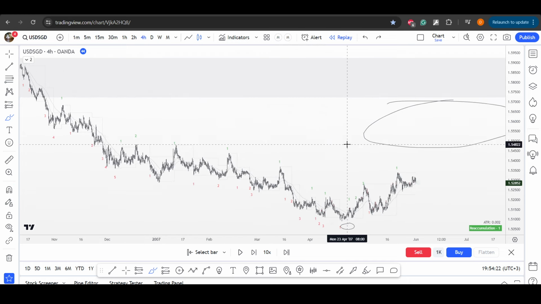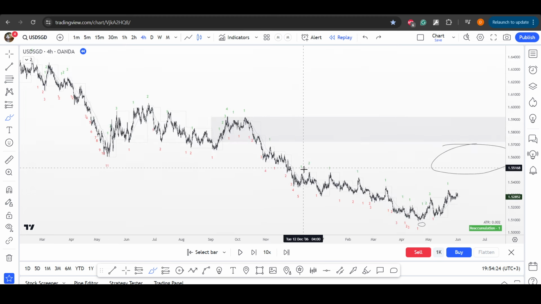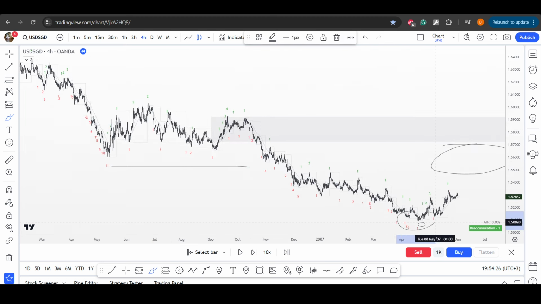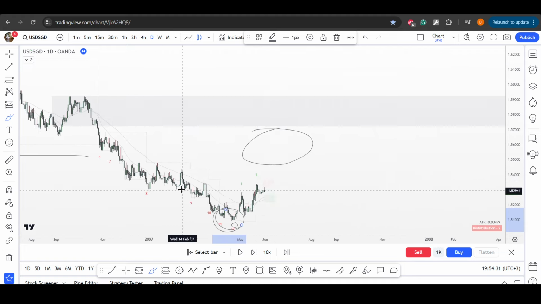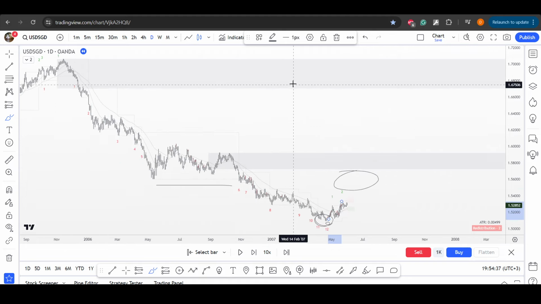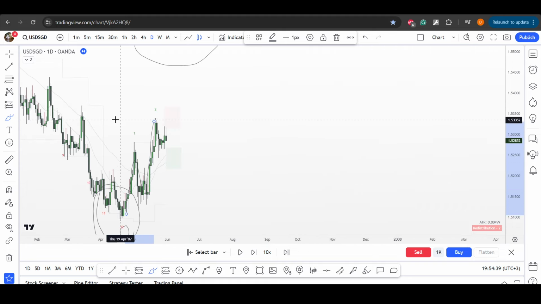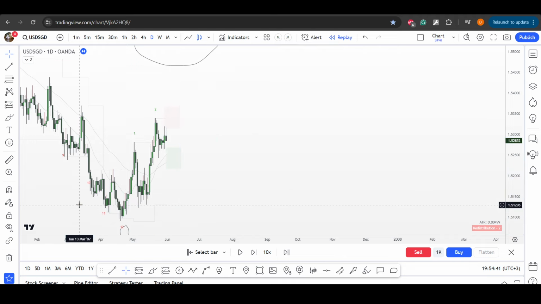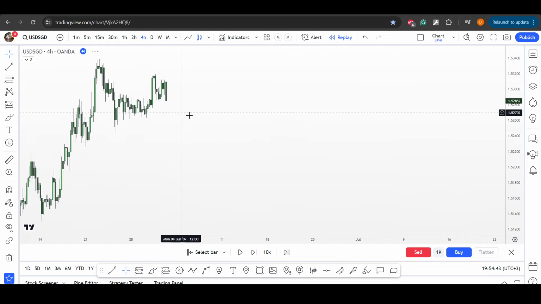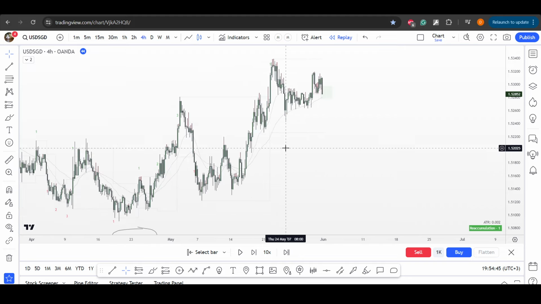Because we broke on the weekly and extended on the weekly, we are quite deep on the daily, and we are bullish on daily. At the same time, we have bearish context from high time frames, so I will just follow the lower time frames and then decide on how it will move.